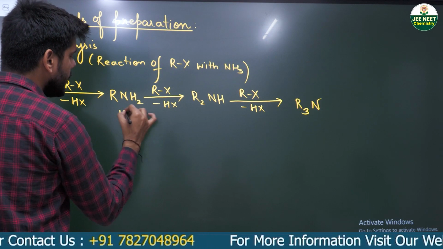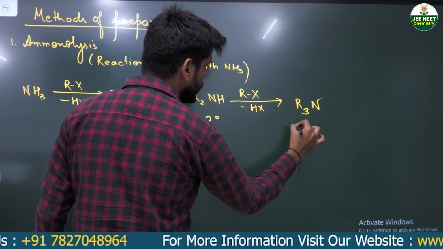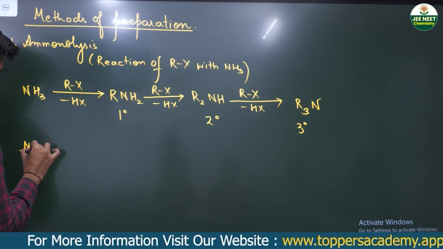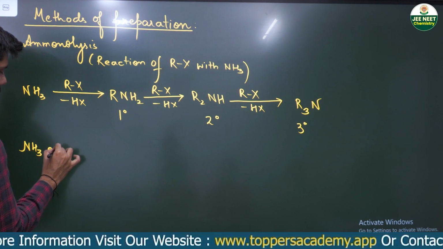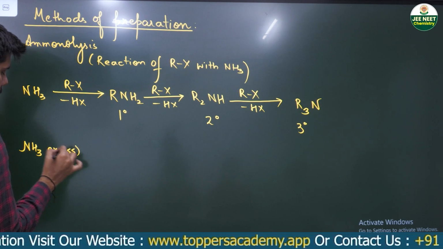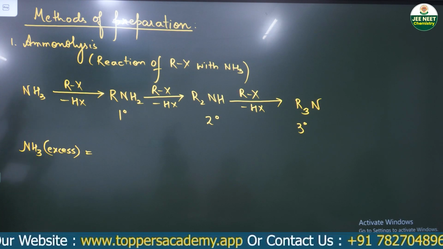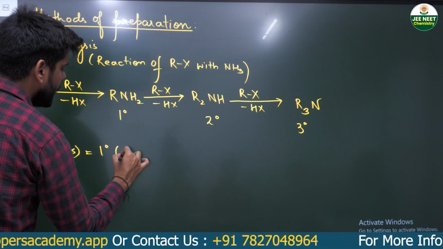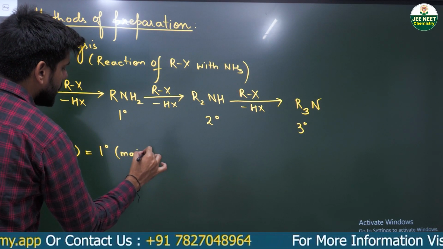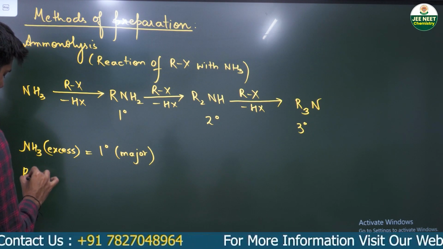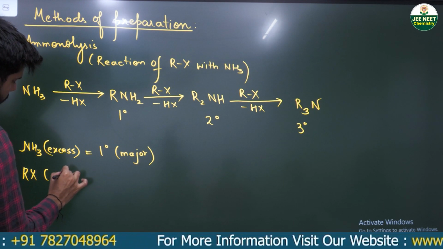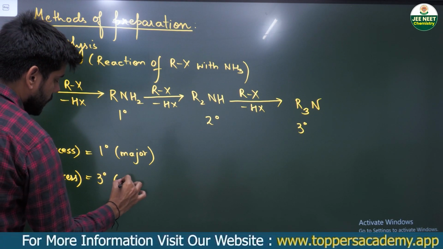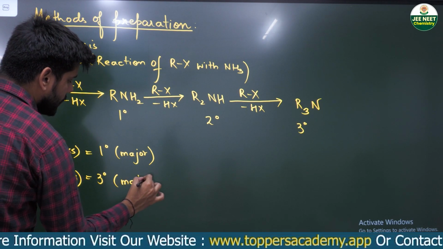So this is the 1 degree, this is the 2 degree, this is the 3 degree. Now if I have ammonia in excess, then 1 degree amine is the major. But if I have RX in excess, 3 degree amine is the major.